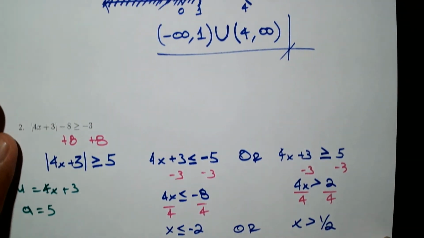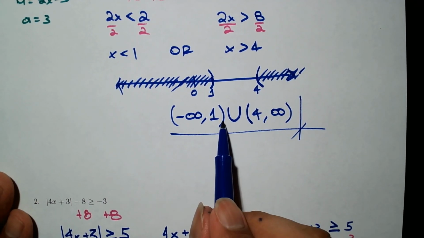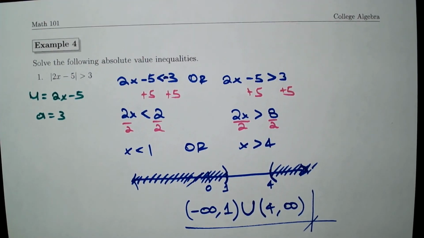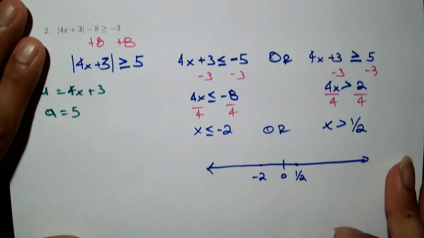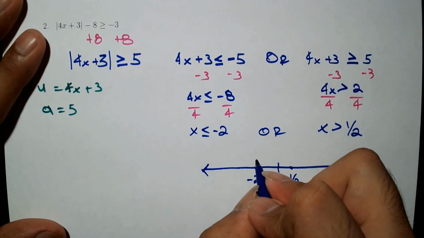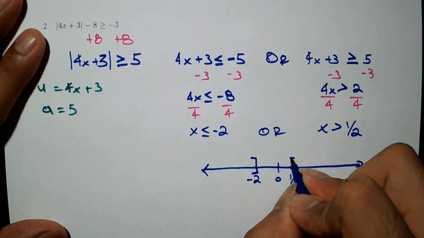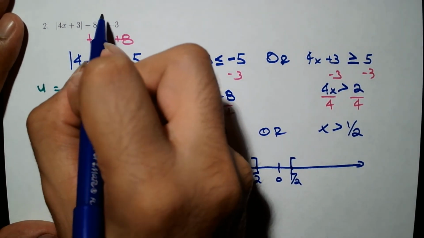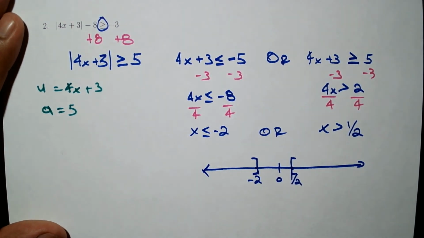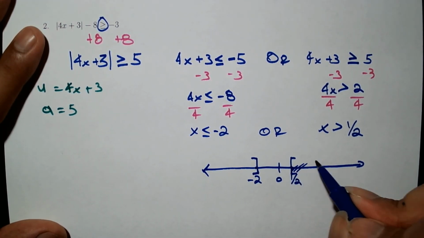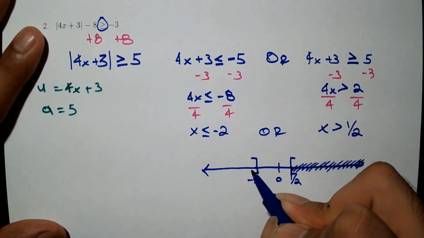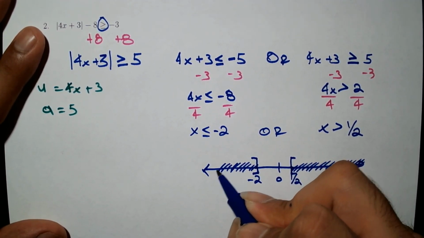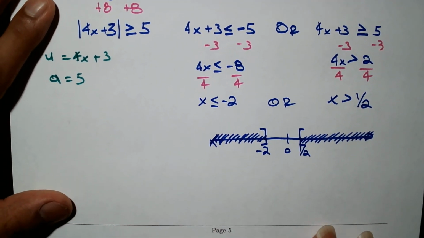In the previous case, again, I used parentheses because we had the greater than only. In this second case, I'm going to use brackets because I have the greater than or equal. Okay, so that is one set, that's the other set.